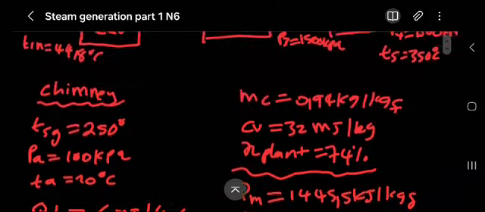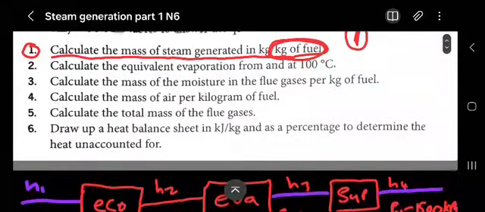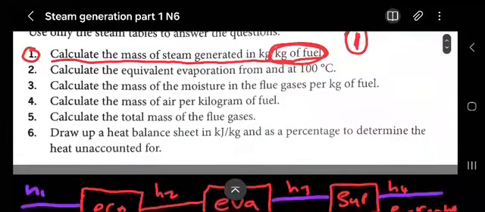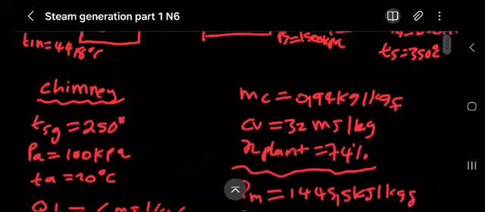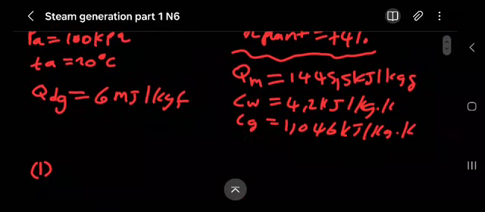Okay, number 1, we want the mass of the steam per kg of fuel. All right. What can we have? We have the efficiency of the plant.